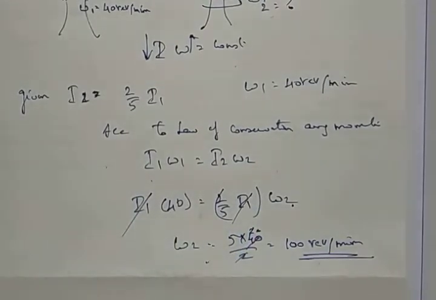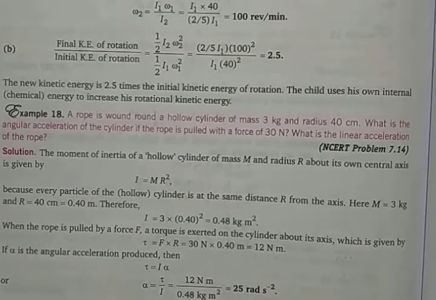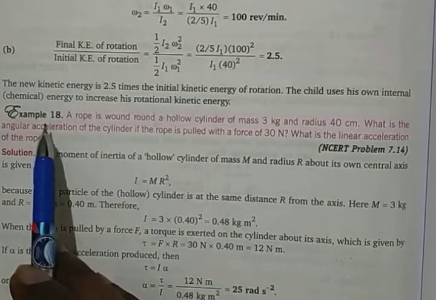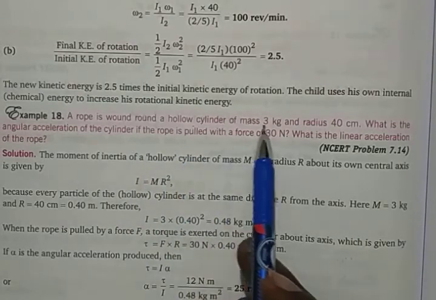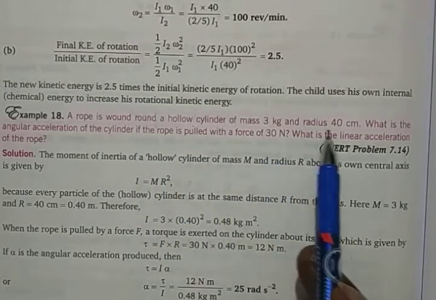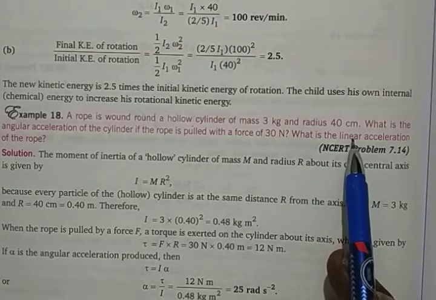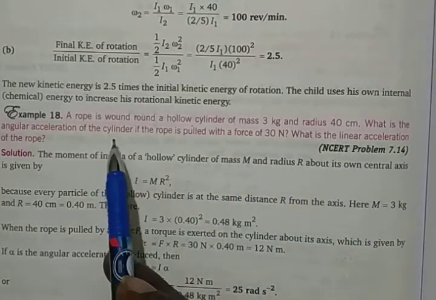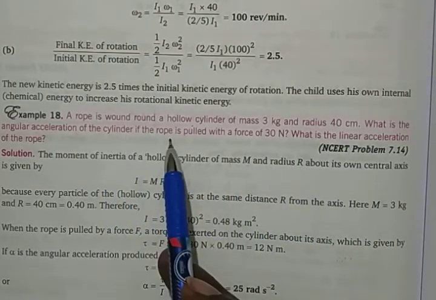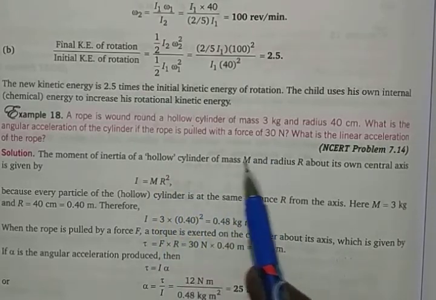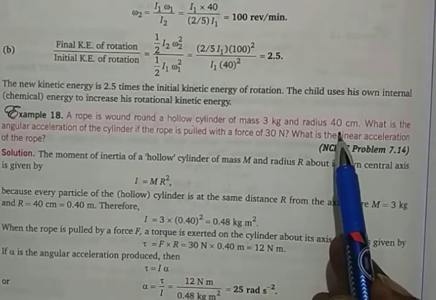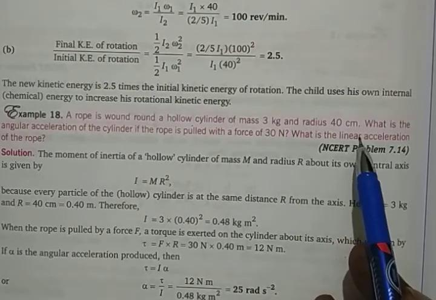Alright, we'll go to the last question now. Question number 18. A rope is wound round a hollow cylinder of mass 3 kg, radius 40 cm. Please write down: hollow cylinder, mass 3 kg, radius 40 cm, which is equal to 0.4 meters.